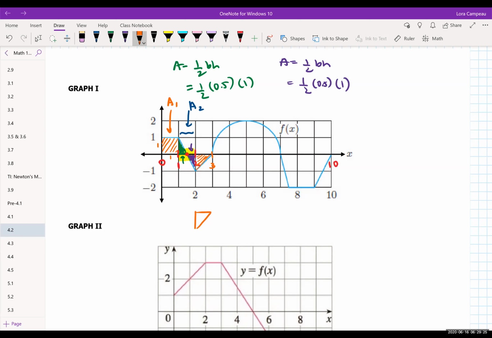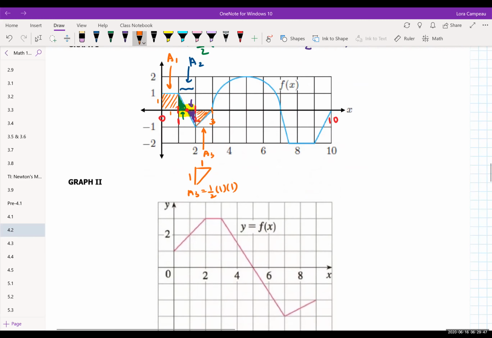It looks like the base is 1 as well as the height. So if we want to play with the area of the triangle, what do we call that, A3? A3, 1/2 base times height, that's 1/2 of 1, which gives us 1/2.